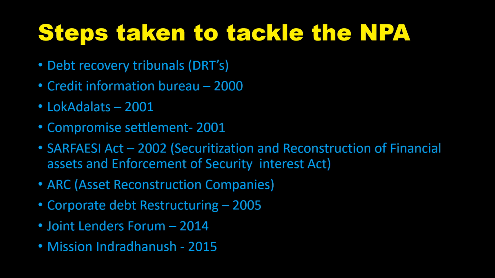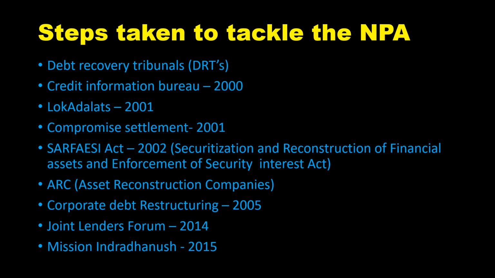So in today's session, we need to understand the various steps taken by the government to tackle non-performing assets. The first step taken by the government is debt recovery tribunals. They formed debt recovery tribunals. Tribunals are like courts.